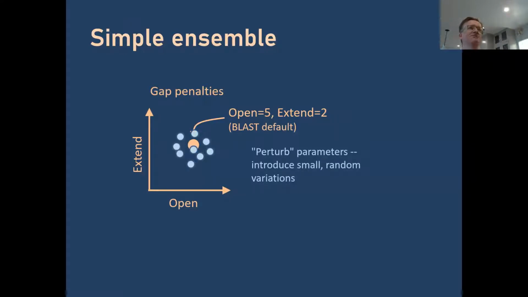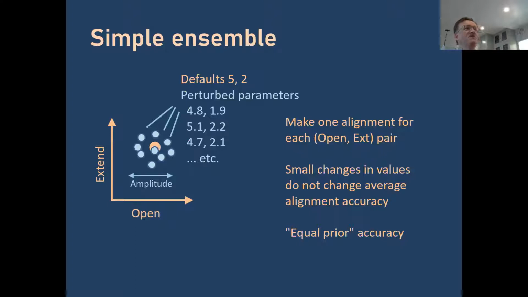So the idea is to perturb the parameters. Let's introduce some small random variations and see what happens. The idea is to fix the size of the variation and then pick some random values from within that range. Because if the changes are small enough, it really shouldn't change the average accuracy of the alignment.